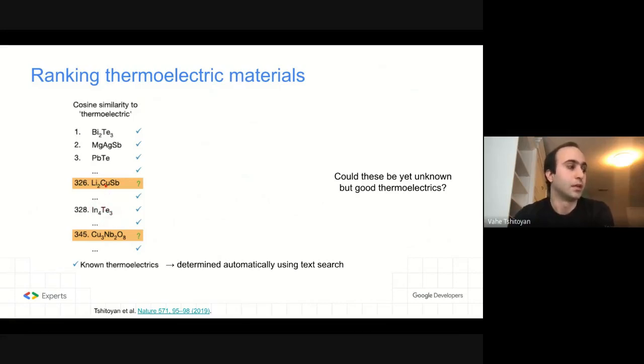So the question is, could this actually be a prediction or a hypothesis that this model is generating by making some associations? One way you can test this, and that's also one of the reasons we chose this application, is to do numerical simulations to see if these could be good materials for that.